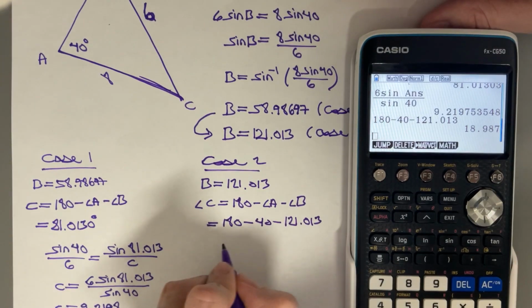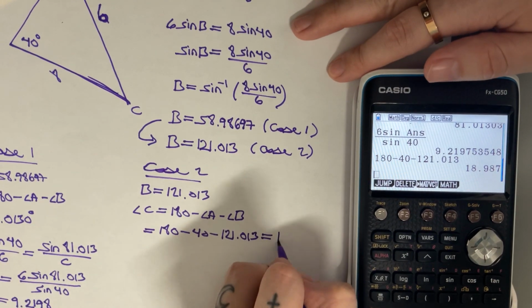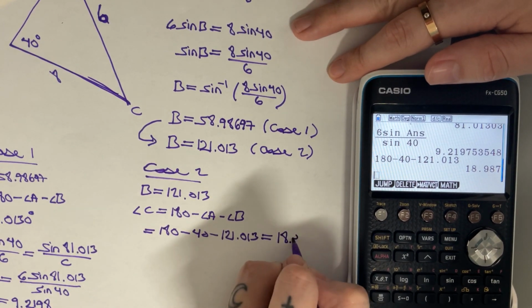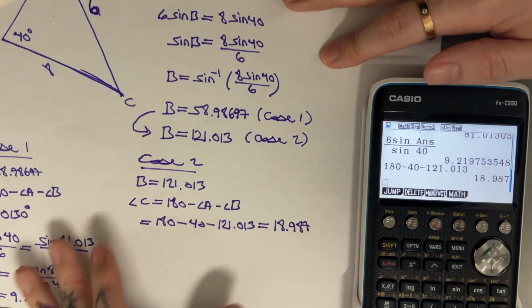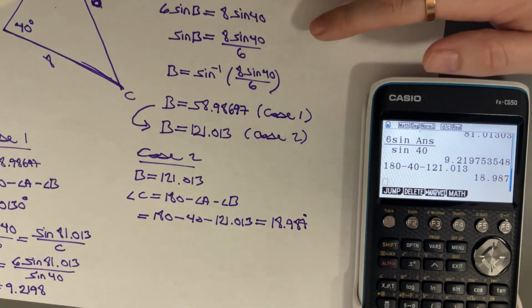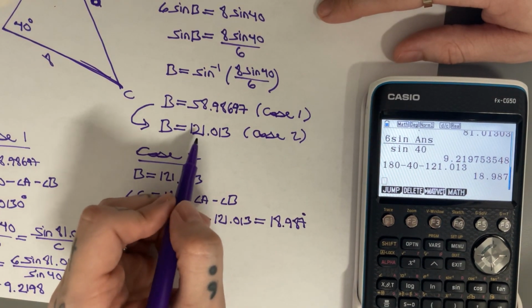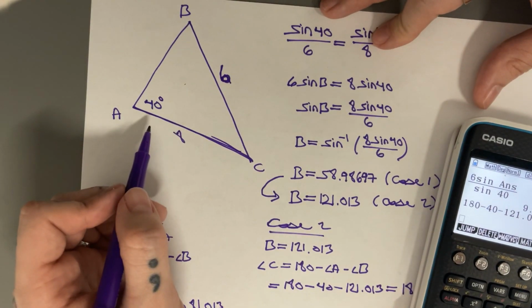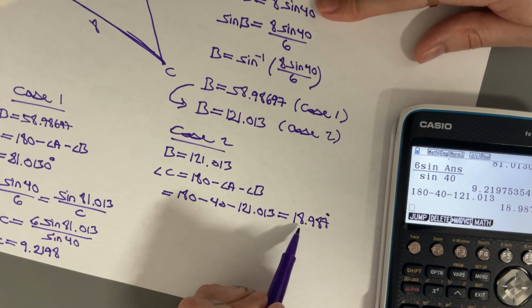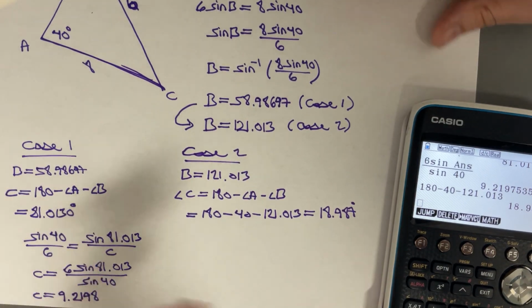So that's going to give us an angle. I'm going to write it over here so I have some room for angle C. We're going to get 18.987 degrees. So it's a small angle, but it's also because angle B over here is a pretty big angle. So with 121, 40 degrees, it's only going to leave us about 19 degrees left to use. But it is still a valid case.